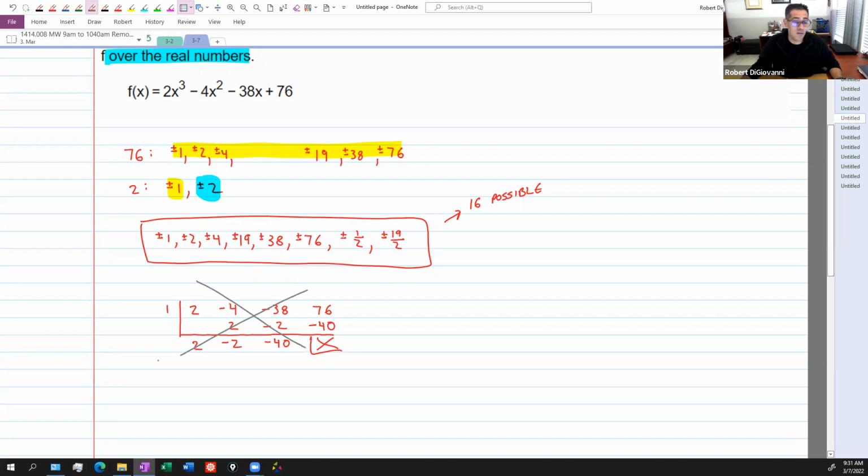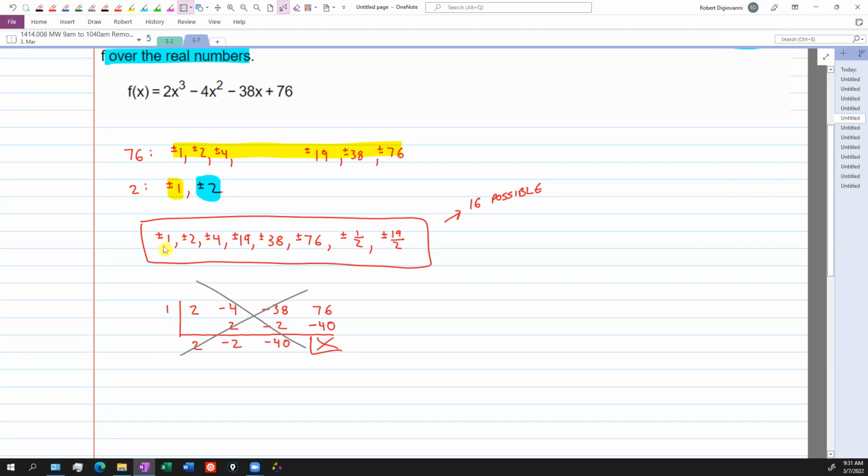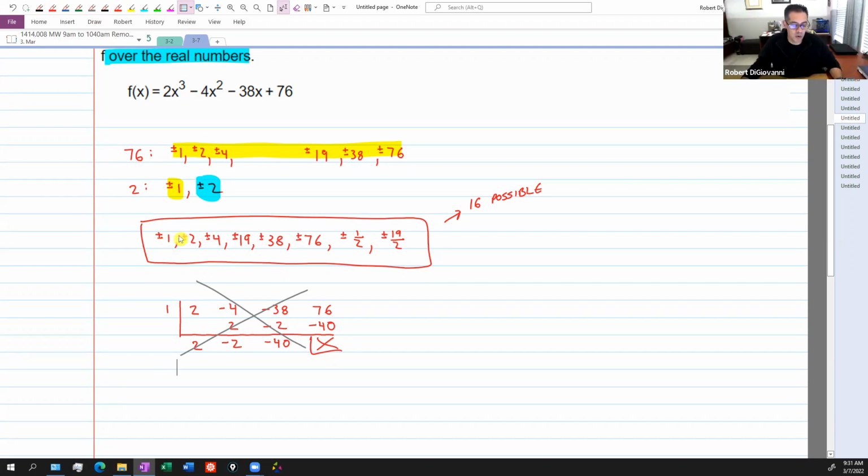All right, so now what would I try? If 1 doesn't work, what should I try? -1. I would go 1, -1, 2, -2, 4, -4. And I would completely stay away from the fractions unless you get through all the whole numbers, then I would move to the fractions. That's what I would do.